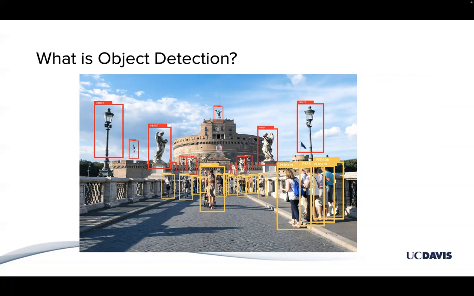Together, these two problems can be referred to as object recognition as well. And for these tasks, region-based convolutional neural networks, or RCNNs, and their family of techniques were the state of the art before this paper, before transformers.